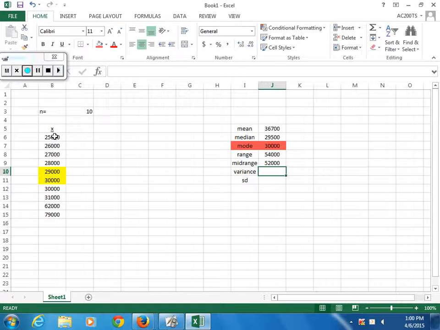Now the variance. But before we do the variance, we've got to remember the formula for the variance.